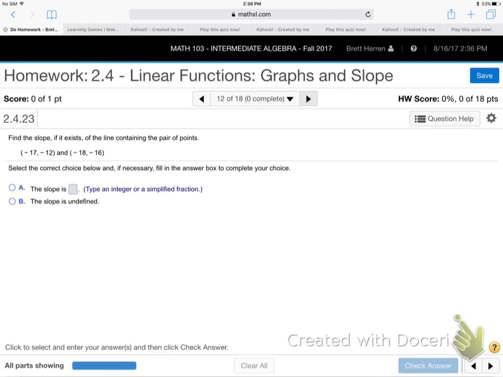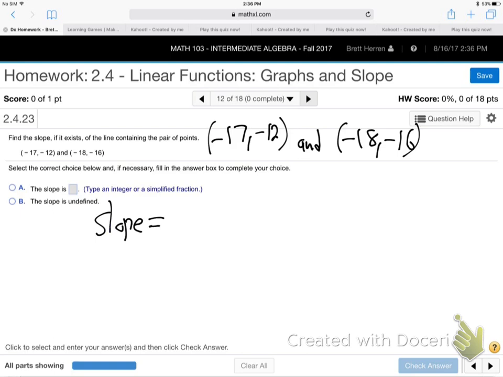Okay. So we've got negative 17, negative 12, and negative 18, negative 16. And they're asking us for slope. And you know the deal on slope, y2 minus y1 over x2 minus x1.